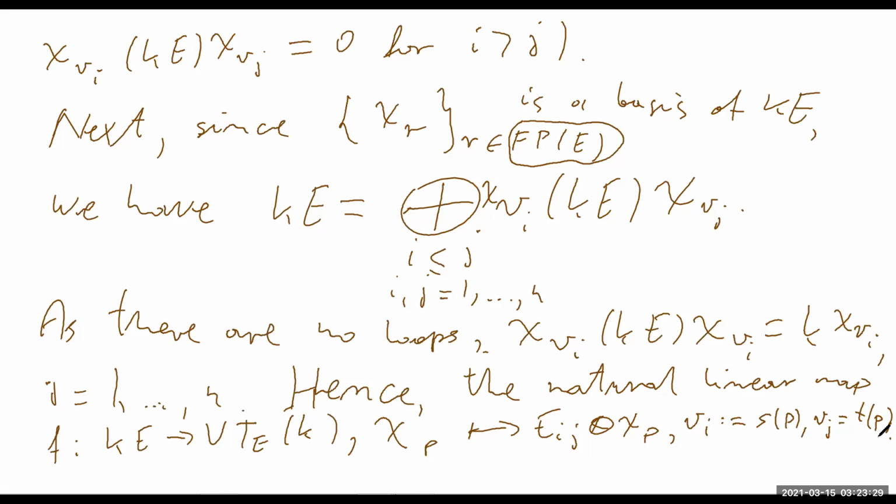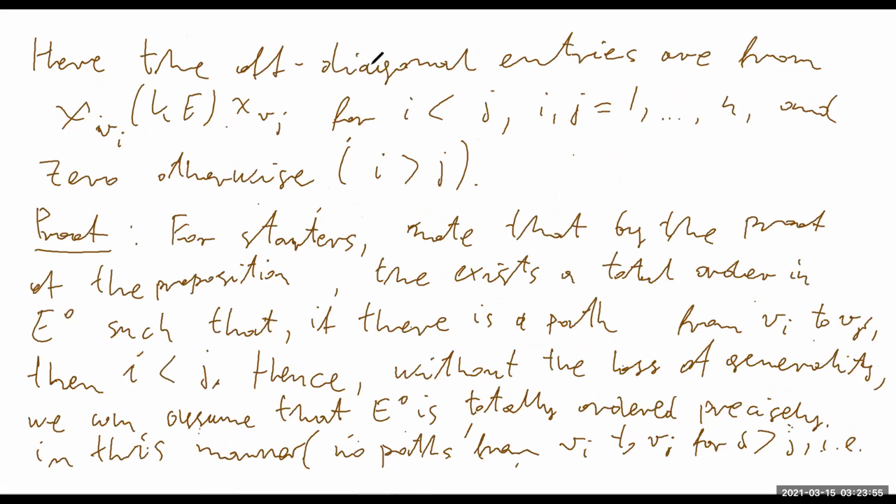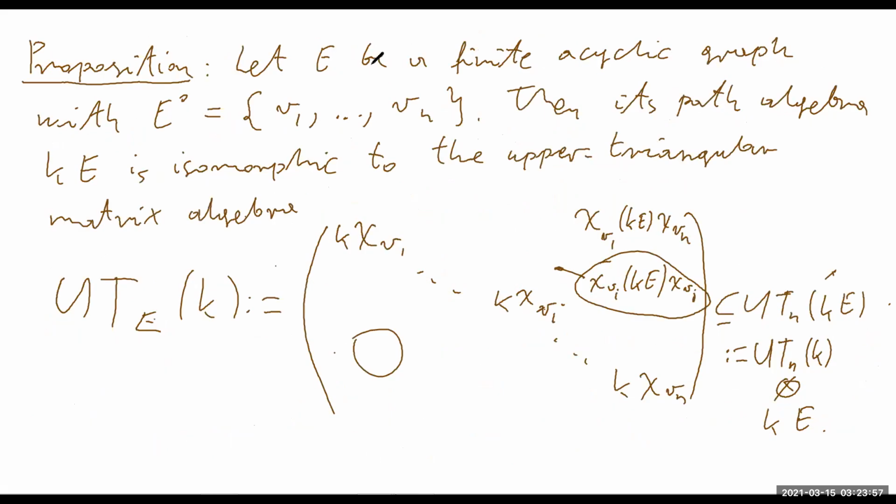So I didn't finish the sentence, hence the natural map is an isomorphism. Right? Because if you look at this vector space decomposition and then compare it with the definition of our algebra, you see that this is the same kind of decomposition.